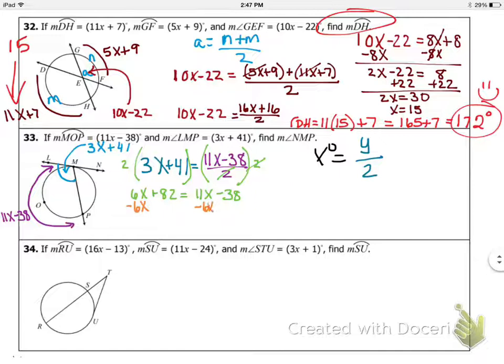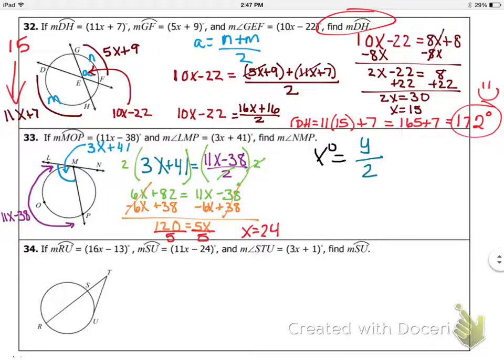Let's take the 6x over to the right. Let's get that 38 to the left. I'm thinking 120 equals 5x. Let's divide by 5, and x is 24. Rocking and rolling. Now, it asked us to find the measure of angle NMP.